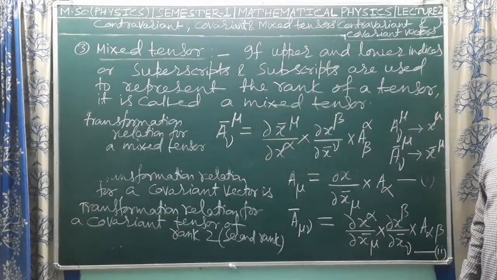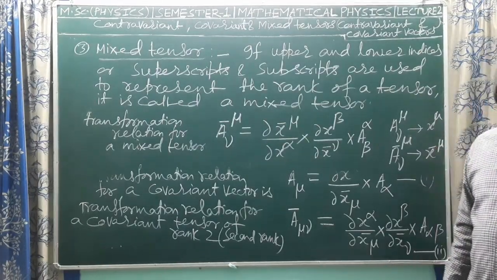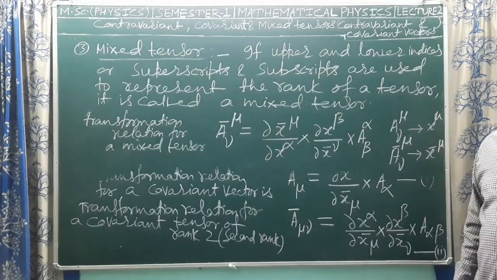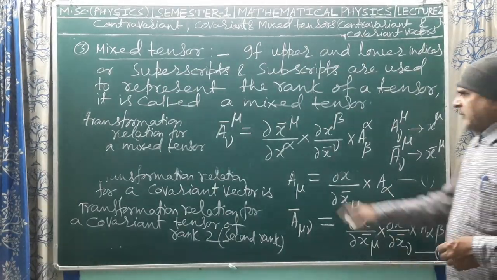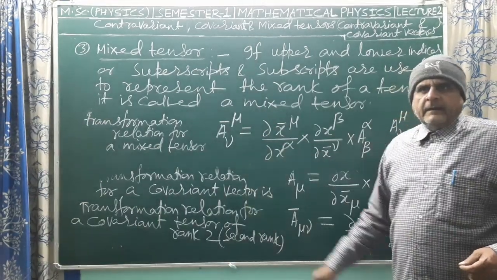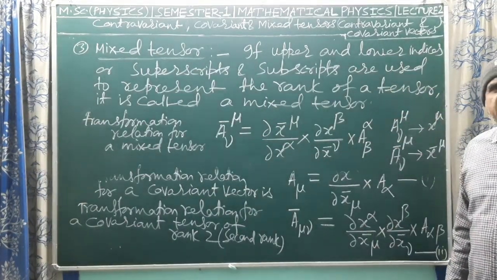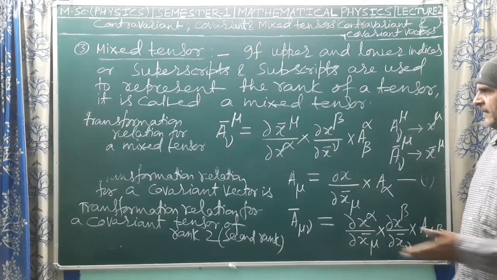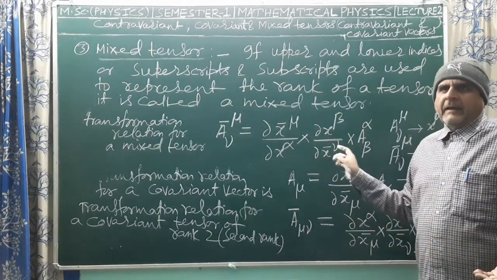Then the quantities a mu nu, a to the power mu upper index and lower index nu, are said to be the components of a mixed tensor of rank 2, if this relation is satisfied.